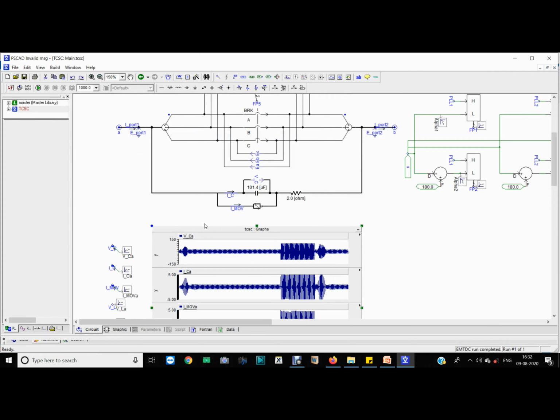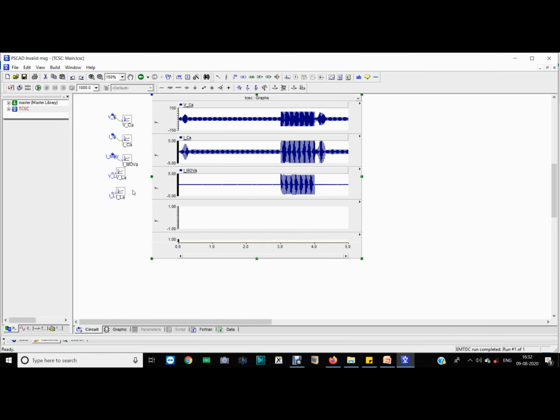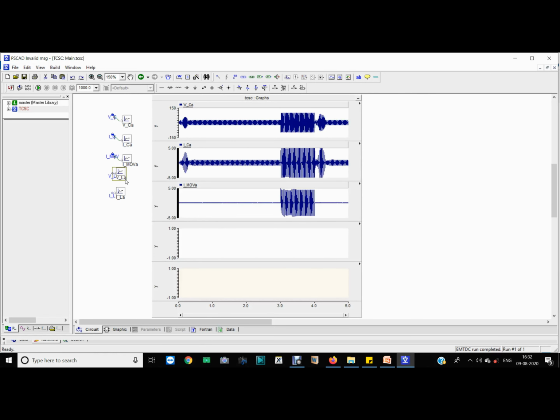So connect two more graphs. Right, now run it again.